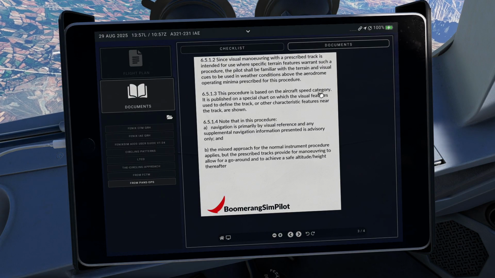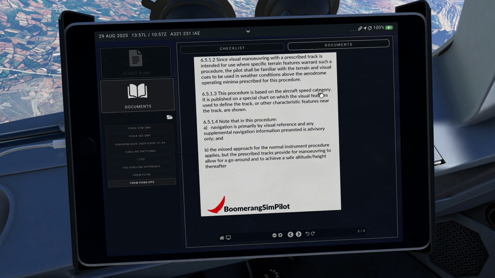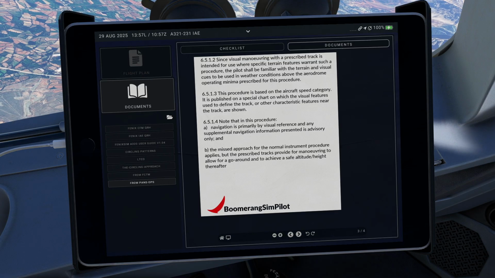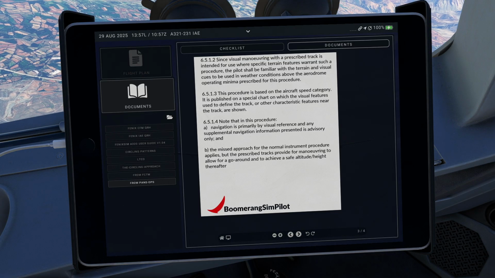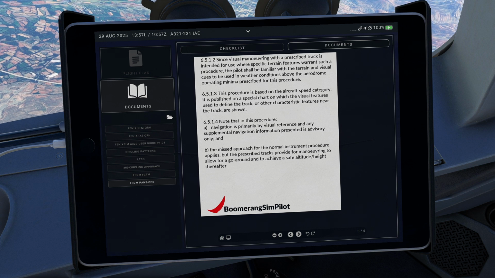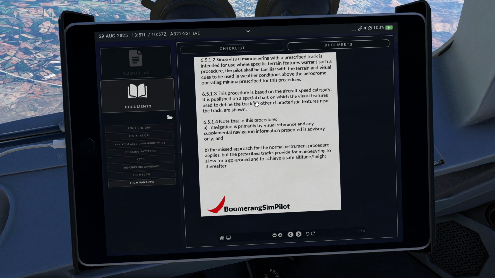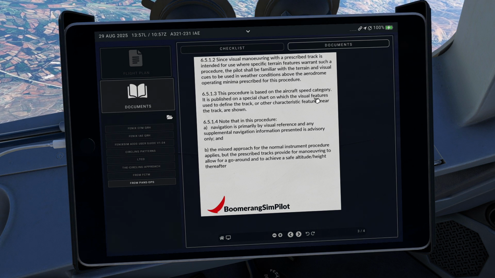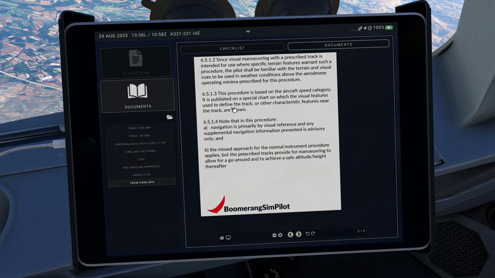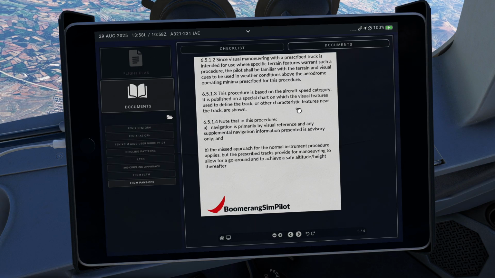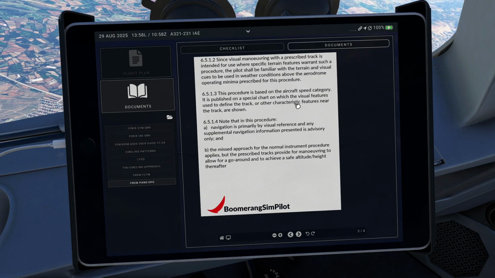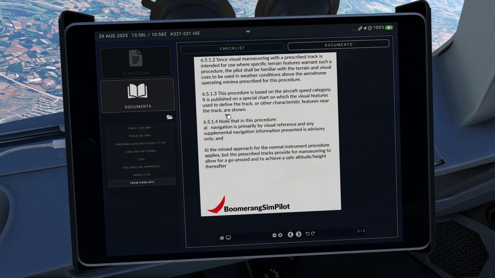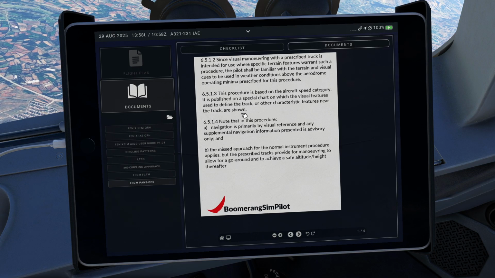I told you that according to category Charlie, we should go through the circling with the maximum speed of 180, that we will cover later, the reference for that. It is published on a special chart on which visual features are used to define the track or other feature near the track are shown.